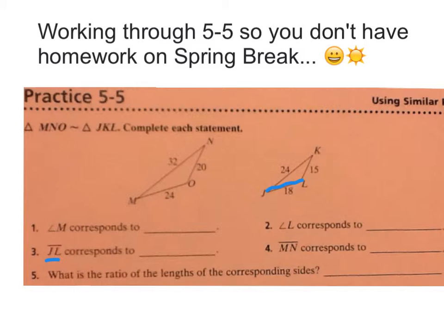All it's asking for is what side corresponds, so which side of my bigger triangle on this one matches with side JL. Well, it's this one, and if you look, that goes from M to O, so that would be line segment MO. Make sure you put line segment above it.